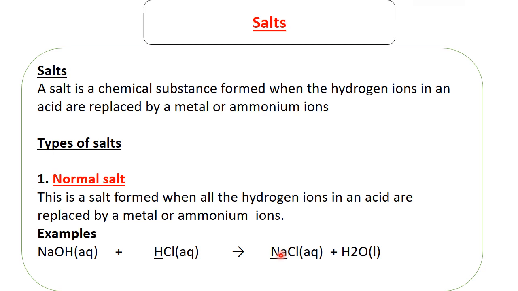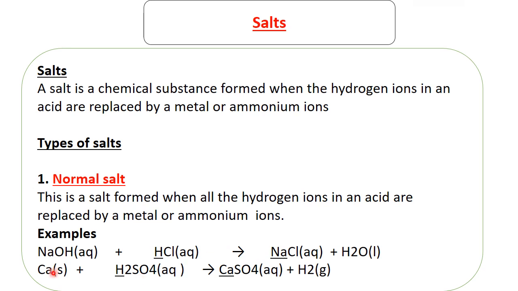Where hydrogen was, there is sodium. This sodium is a metal, so it has replaced the hydrogen, so this is a salt. According to the definition, when the hydrogen ion in the acid has been replaced with a metal or ammonium ion, then we have a salt. So this is a salt here.